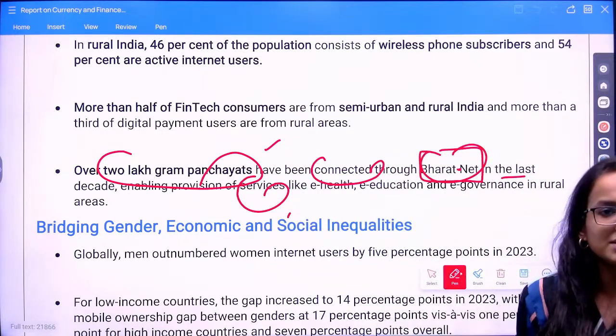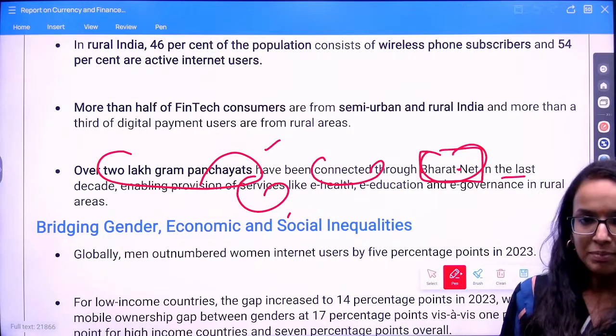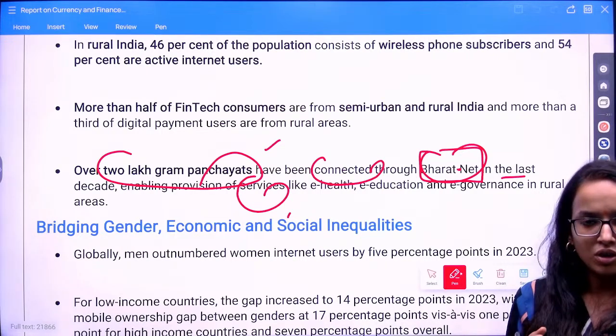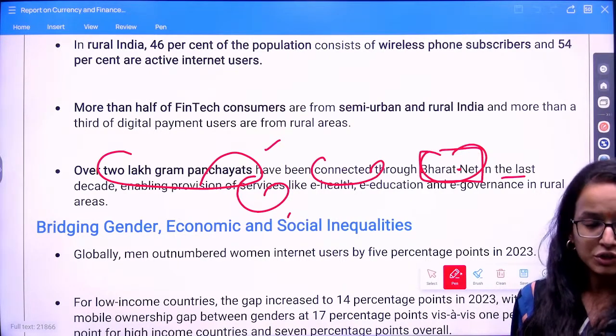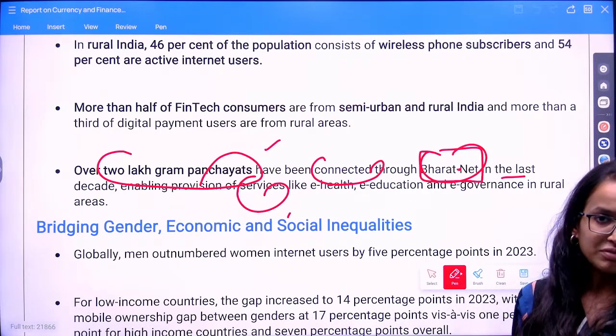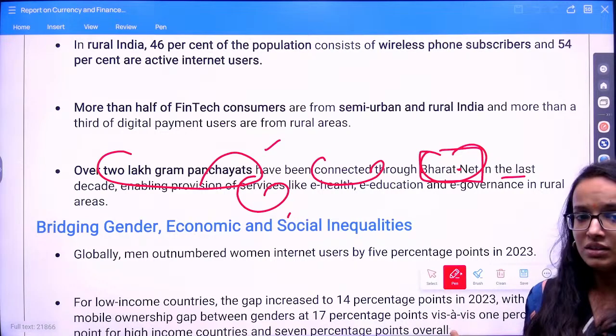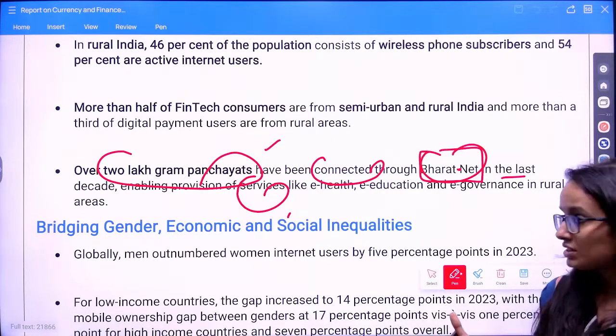This is decentralized administration. So enabling services only in urban areas is not sufficient, right? We have to reach out to the last remotest areas, last mile delivery as we call. Last mile delivery is important. So gram panchayats provide these services to the remotest areas.